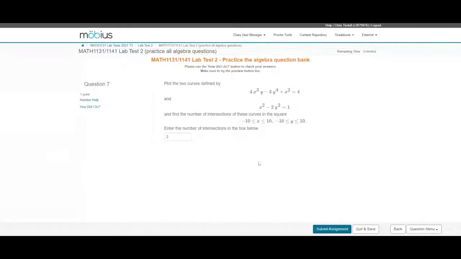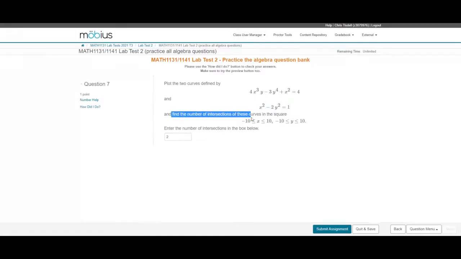All right, last question. I think this is the last question. Yes. So let's go back to Maple and see if we can work it out. You've got two implicitly defined curves from these relationships.